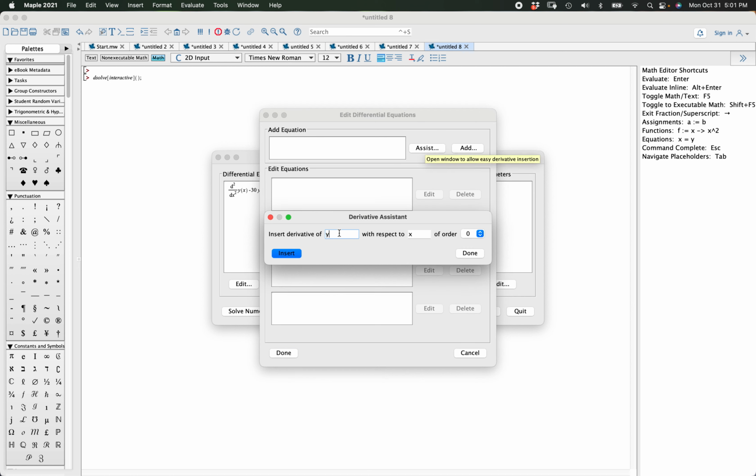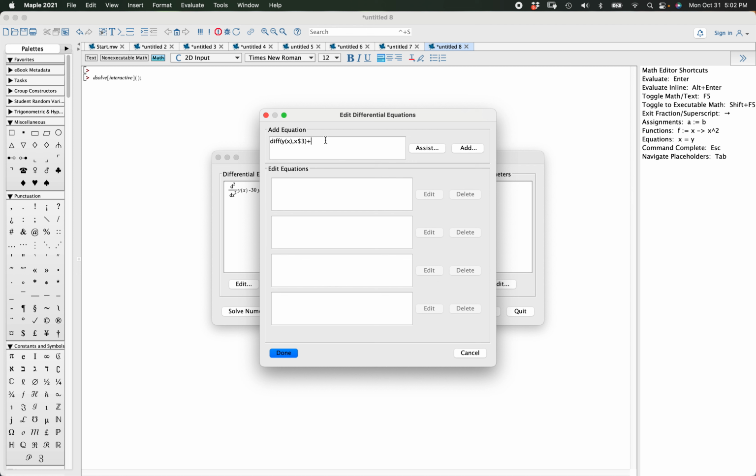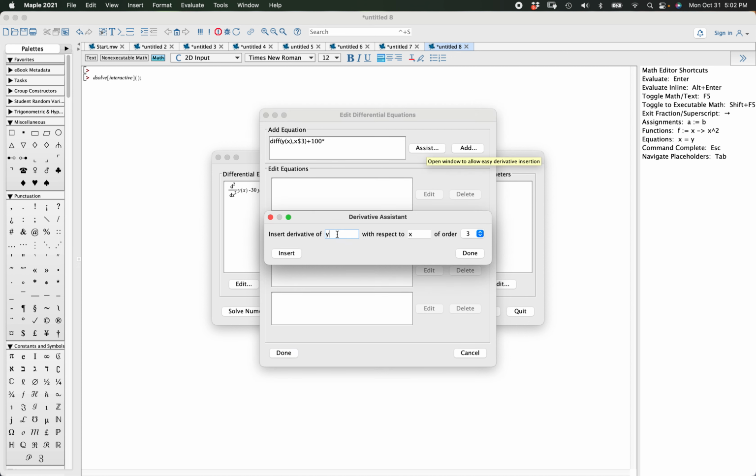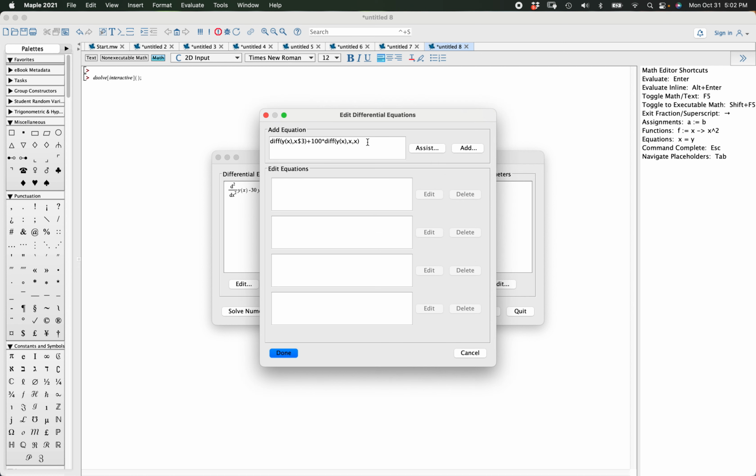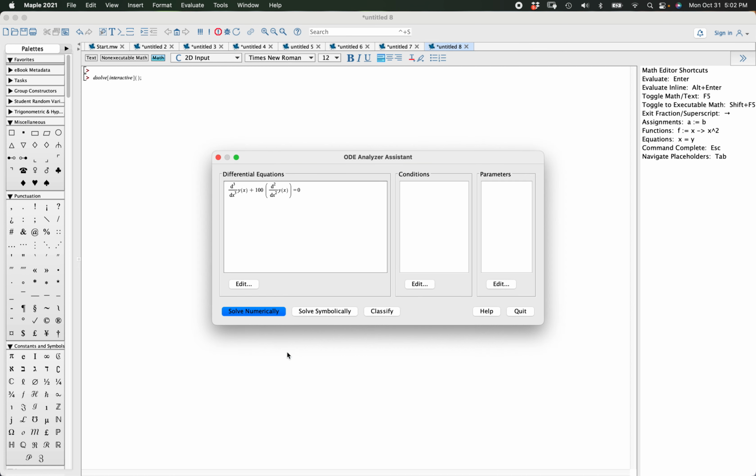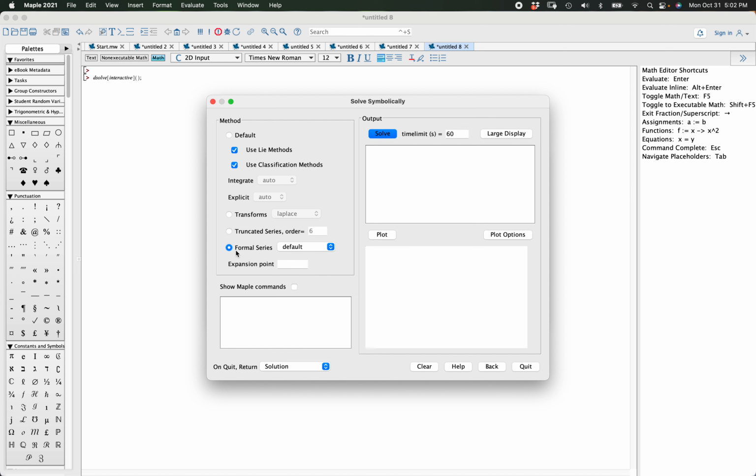We have y with respect to x of third order, insert, and then we have plus 100 times, again Assist, y with respect to x of order 2, insert, and so we have this sum of expressions equal to 0. If I add, click on Done, solve symbolically, again go with the formal series, solve, and we have this set of expressions.